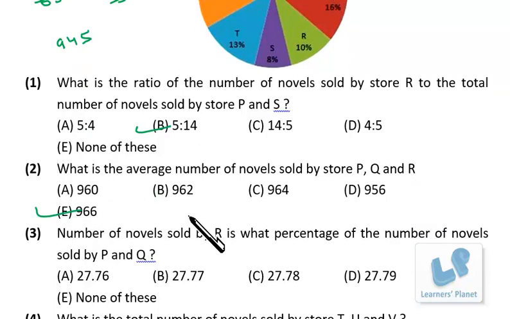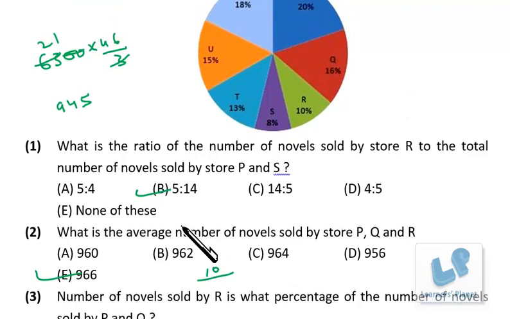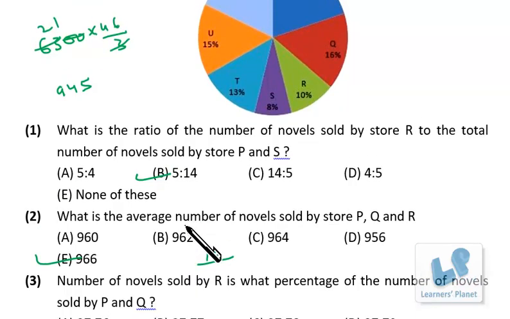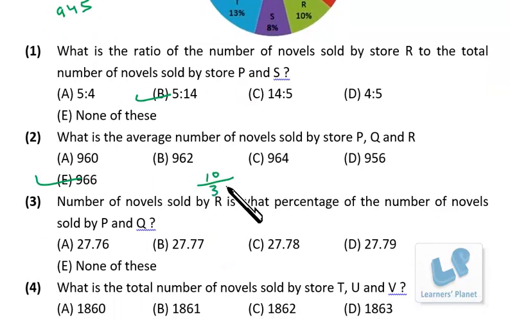Number of novels sold by R is what percentage of number of novels sold by P and Q? So R is 10% and P and Q is 20 plus 16, 36, into 100. Now options are too close because 27.76, 77, 78, 79. So you need to solve it perfectly.